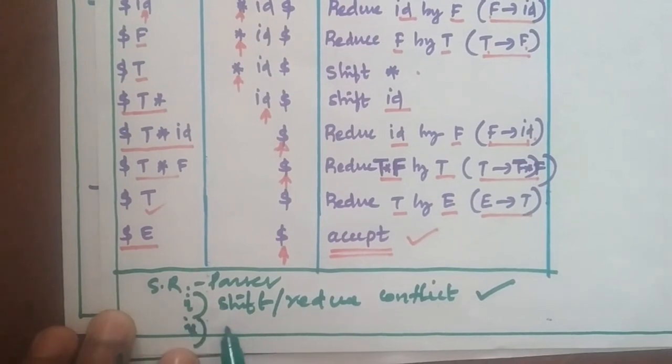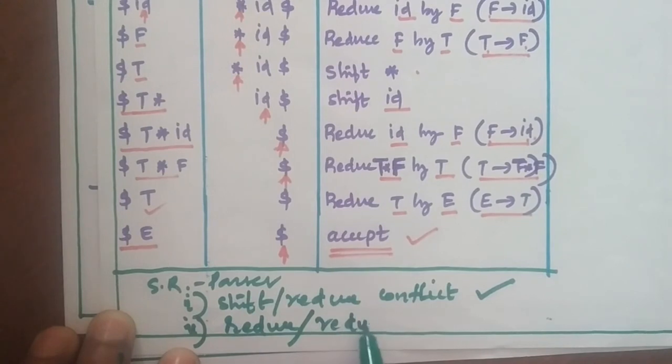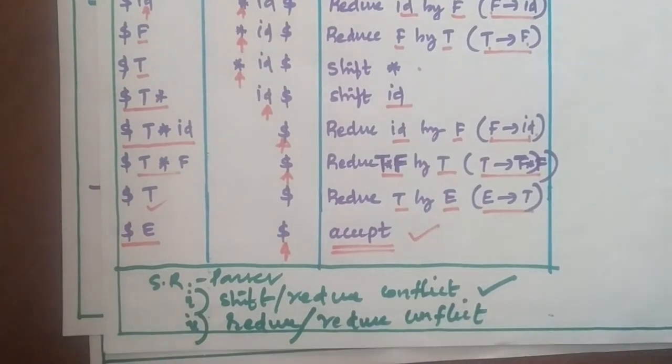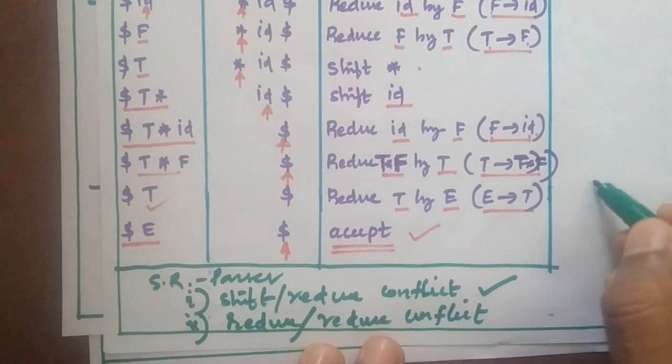The second conflict is the reduce reduce conflict. This conflict happens because the SR parser identified a valid handle, and that handle matches with two productions.